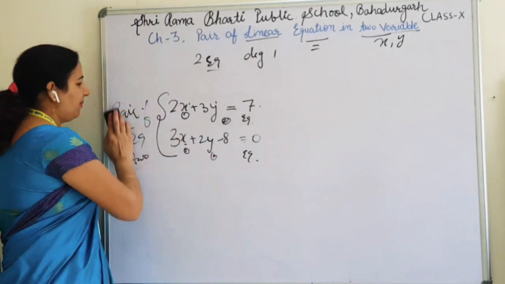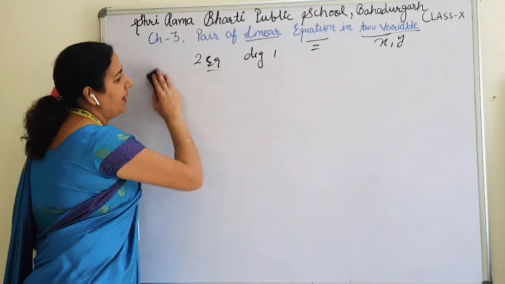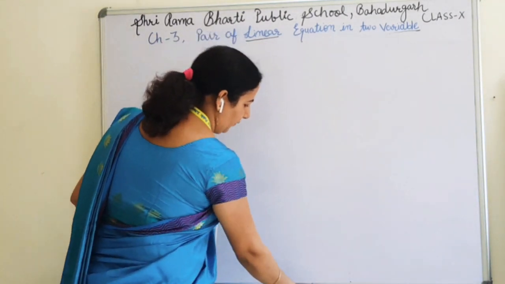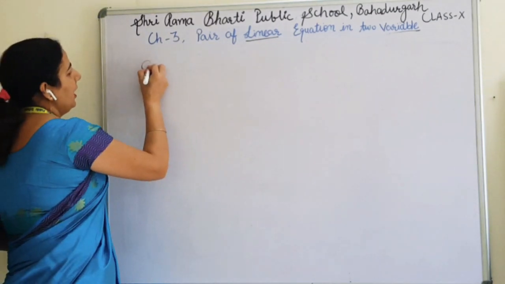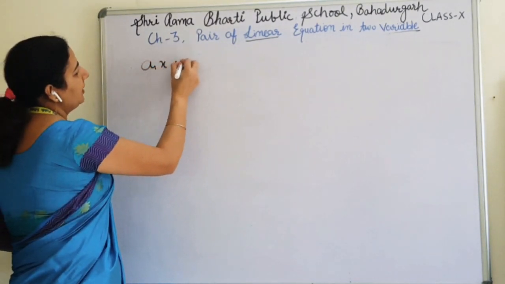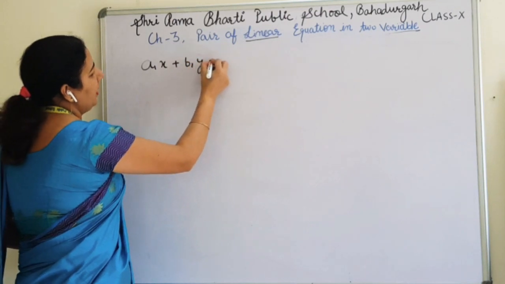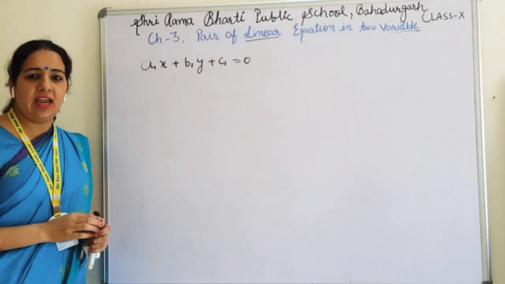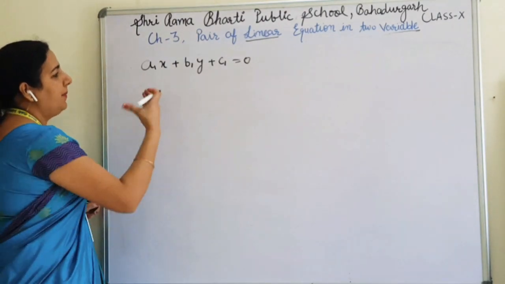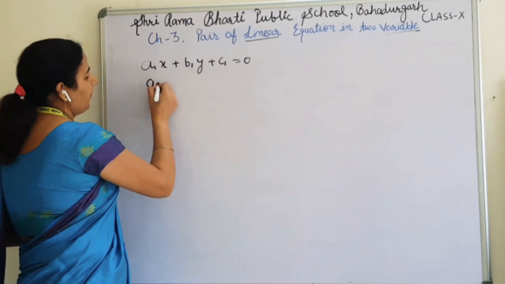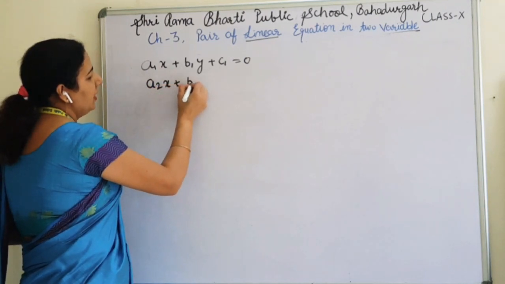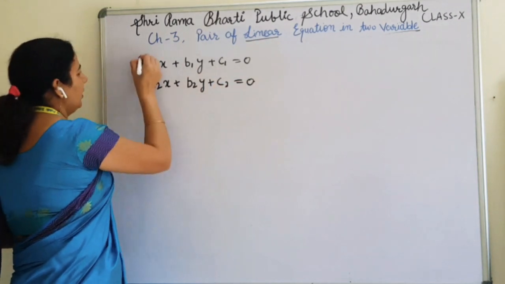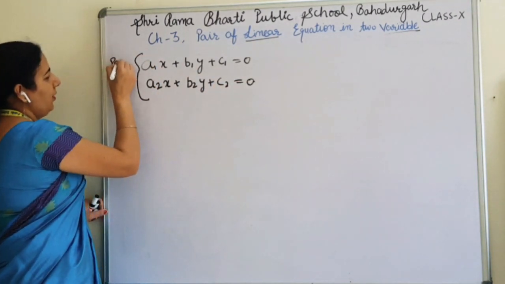So first let me tell you about the standard pair of linear equations. What is the meaning of the standard pair of linear equations? We are going to take a1x plus b1y plus c1 is equal to 0, and a2x plus b2y plus c2 is equal to 0.